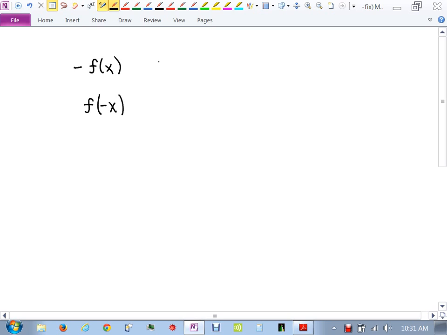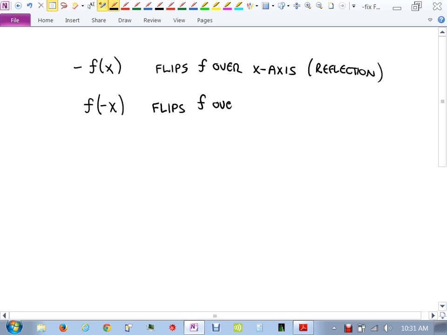So the first one, the negative out front, flips f over the x-axis. Or if you don't like the word flips, it's a reflection. And putting a negative inside flips f over the y-axis.